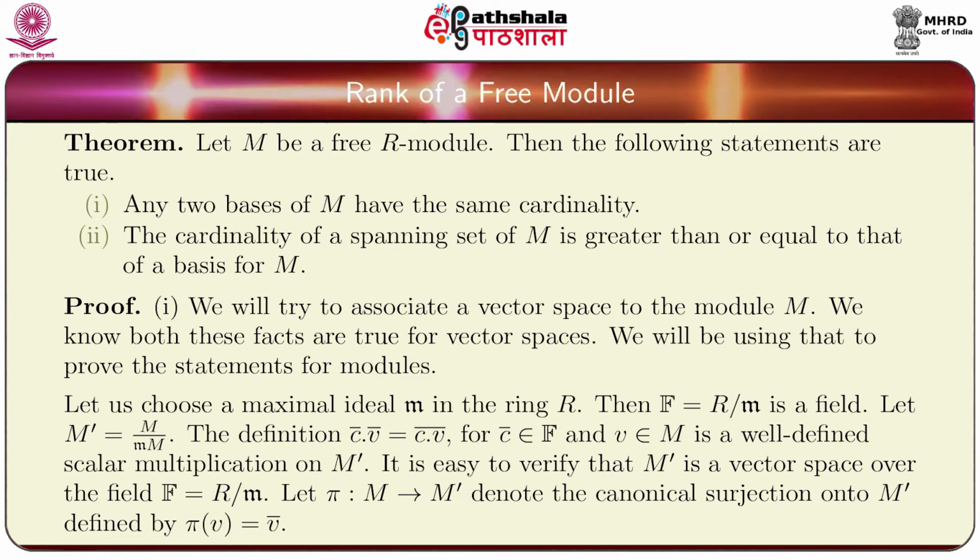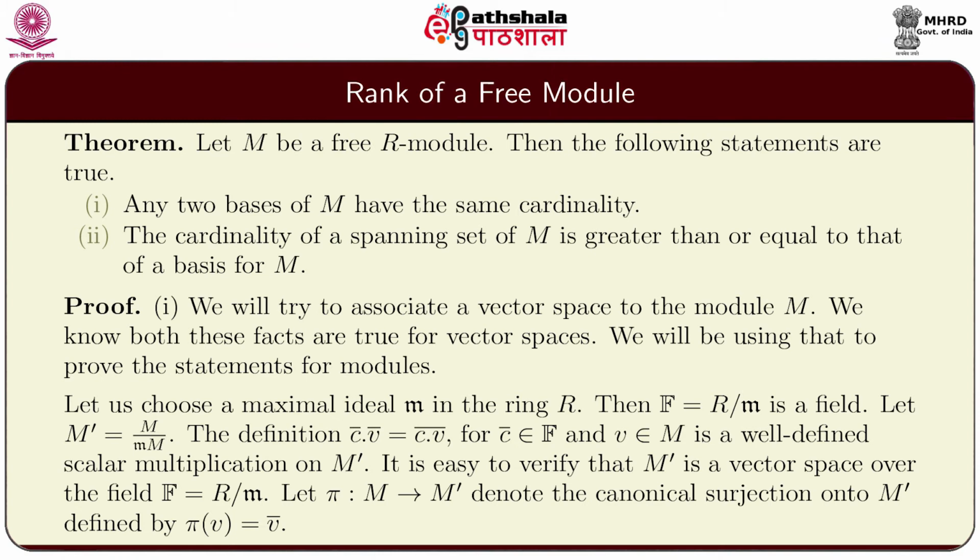You can see that MM is the submodule of M, and the elements of the submodule MM look like the linear combinations summation Ci Vi, where Ci's are from the maximal ideal M and the Vi's are from the module M. In this case, the definition C bar dot V bar is equal to C dot V bar for C bar in the field F and V in M is a well defined scalar multiplication on M dash.